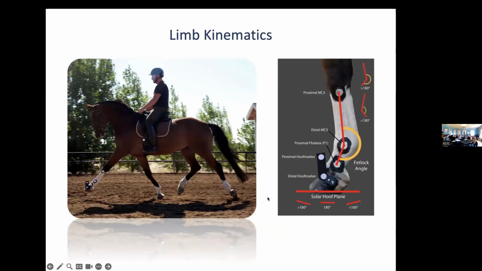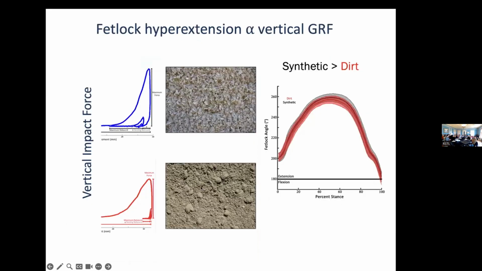We've looked at two other disciplines, and the same sort of thing holds. These are elite dressage forces at the extended trot. We use a similar vertical impact tester that's much simpler than the ODST. If we look at the load displacement profiles of those impacts on the ground, the scales are the same, with the synthetic surface above and the dirt surface below.